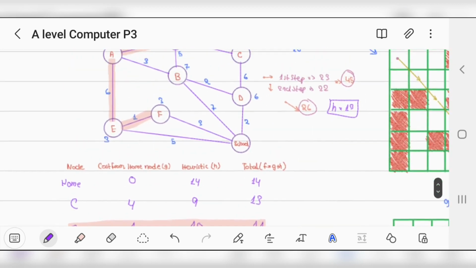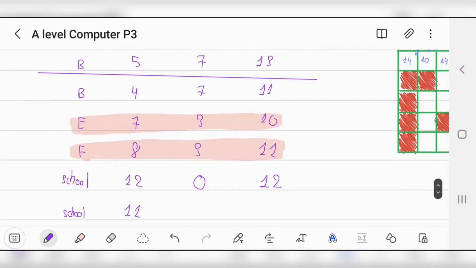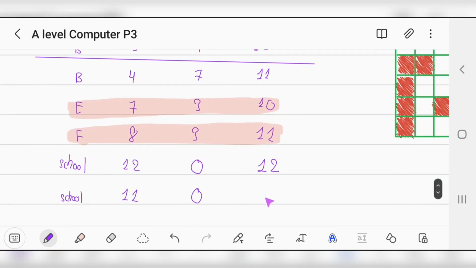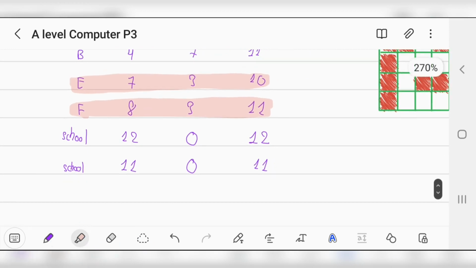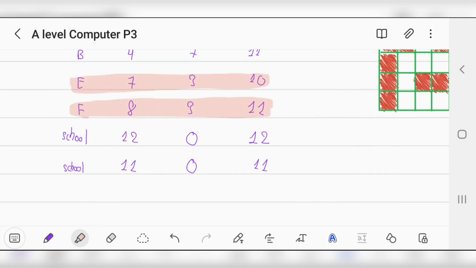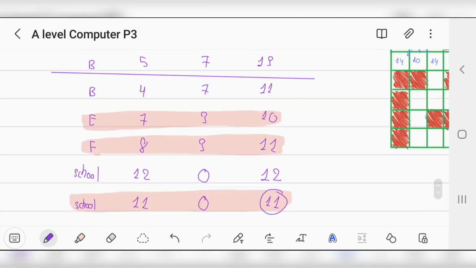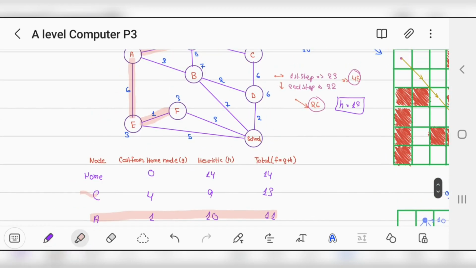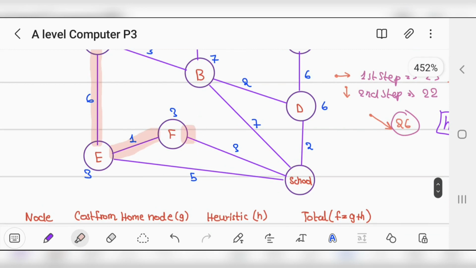The heuristic value is 0. So this is 0 and this is 11, which means this is the least. So this is the answer, since we have reached this.